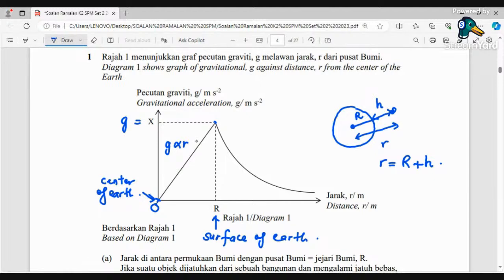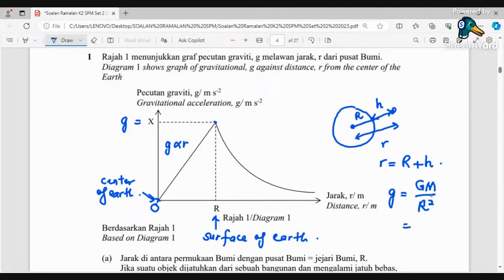And then at the surface of the Earth, from the formula, g equals GM divided by R squared. So what you do, you substitute r with the radius of Earth, because you want to calculate the gravitational acceleration at the surface of Earth.